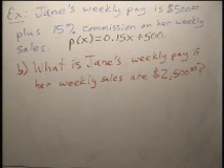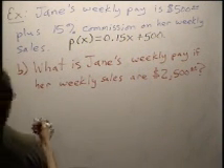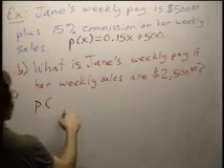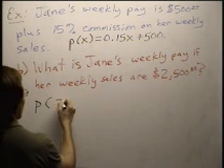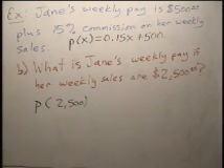Now to answer some questions about this situation. What is Jane's weekly pay if her weekly sales are $2,500? In terms of our function that we just came up with, this means we're trying to find the value of our function when the value of our variable is $2,500.